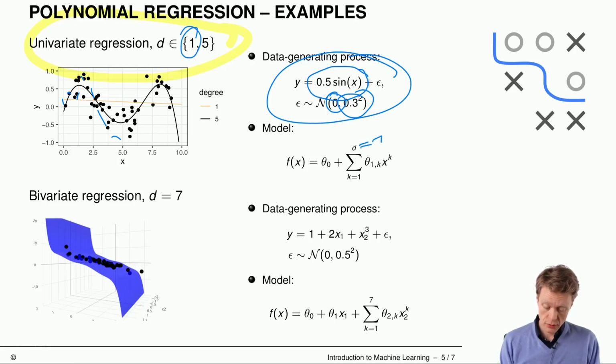So d goes just to 1. And the second model is polynomial regression with degree d equals 5. So the black line here is the polynomial regression. The yellow line is the linear regression. And we see that, of course, there's a difference. We don't, well, perhaps we know which one is better. I guess degree 5 is better, but we would have to test this on untouched test data, of course.